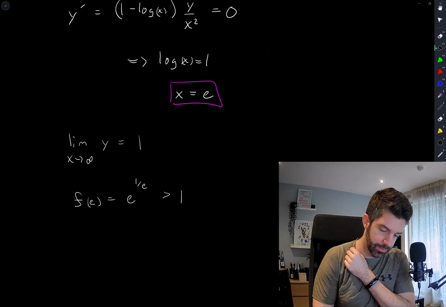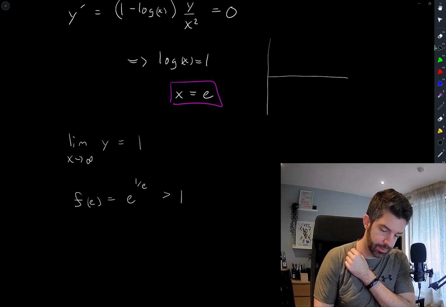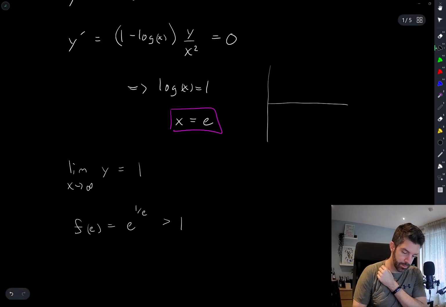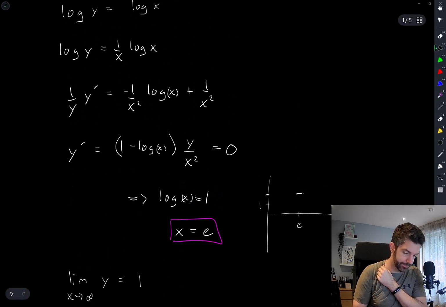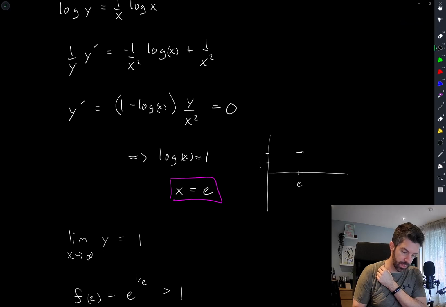So if you think about what this has to look like on a plot, there's only one critical point. There's only one point where the derivative is 0, and that's when x is equal to e. Okay, but this number is greater than 1. But as we take a limit as x goes to infinity, y has to approach 1.